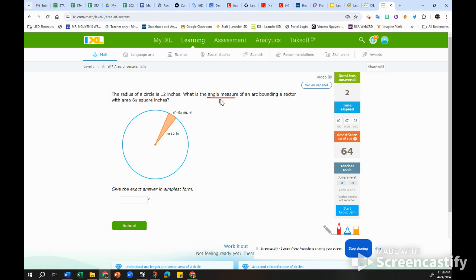Whenever you're looking for the angle, they usually give you the area, so that you can solve the equation. So this is the area, 6 pi, and that's equal to our formula. But in our formula, we're missing the measure right now. So I'm going to call it x, divided by 360 times radius squared. Everything else is the same, right? Radius squared.